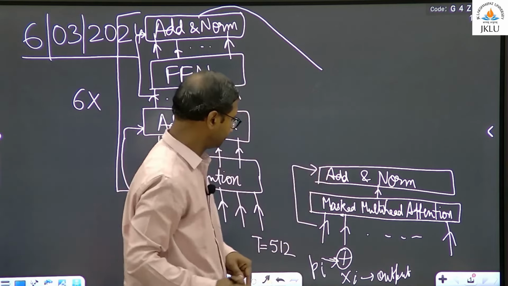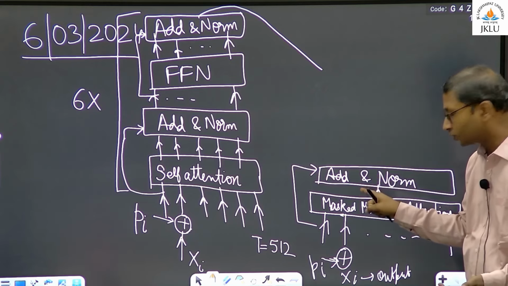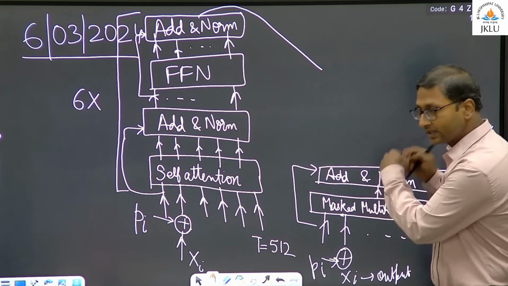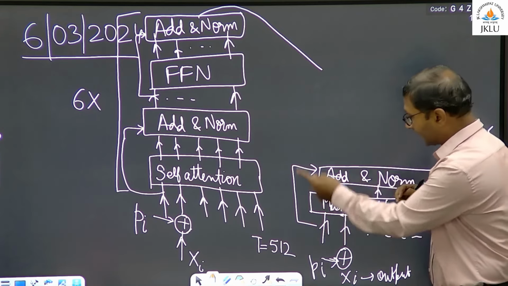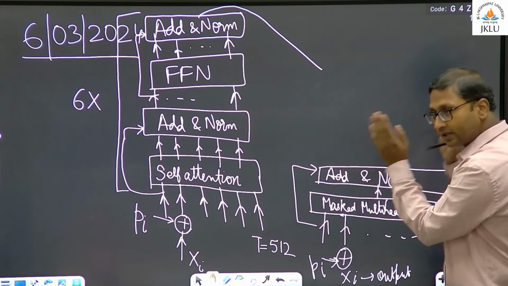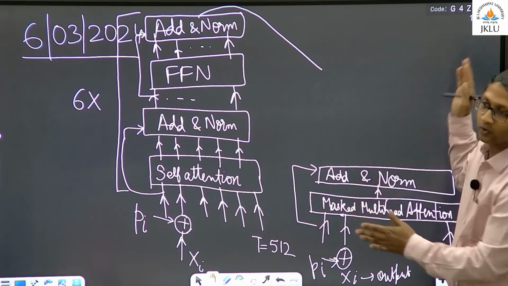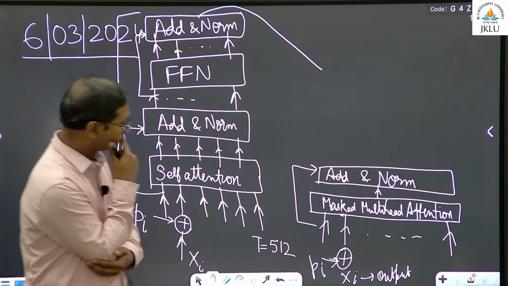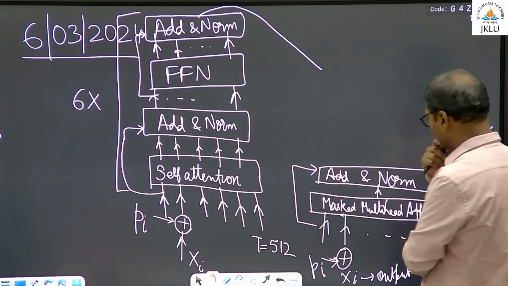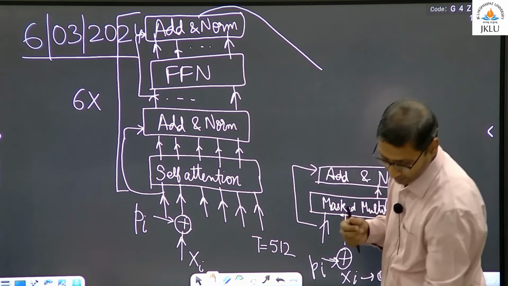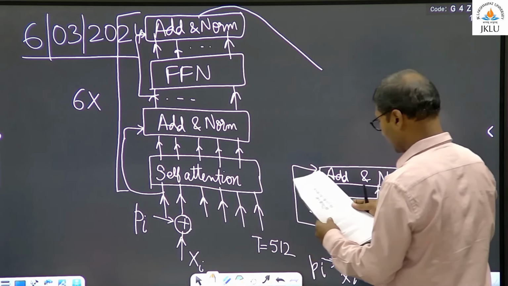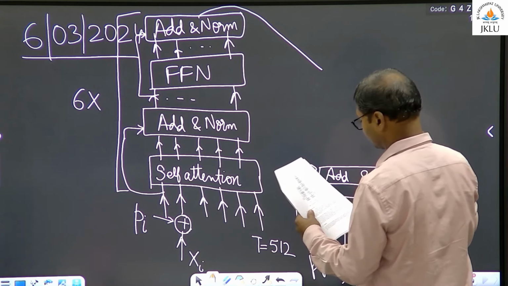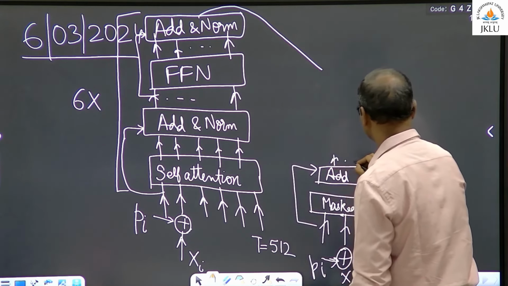So what will you add actually? You will add the output of this. So before computing the next one, whatever is the output here, add it with this one, normalize it and then go ahead. Right? What was next? Once you have done this, we are done. So we have outputs here.